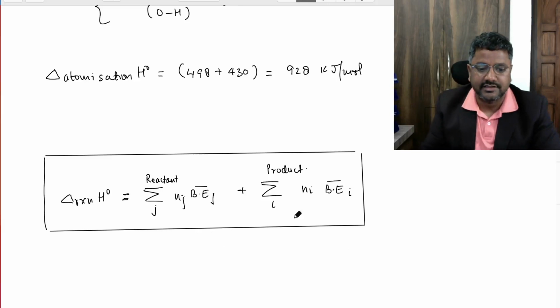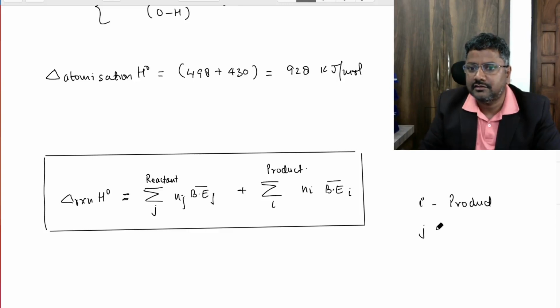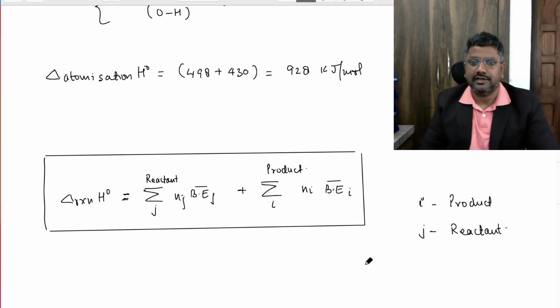What is this bond energy? I represents the product, J the reactant, right?